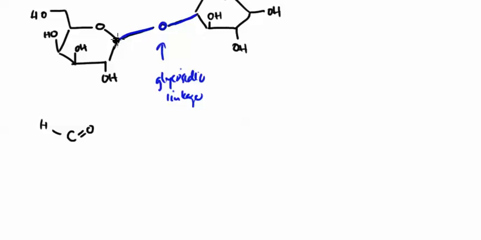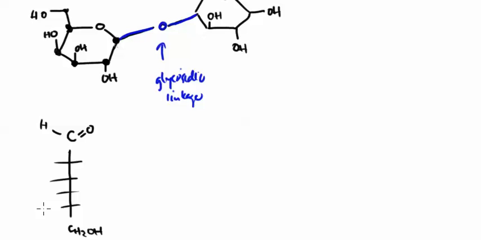The C double bond O was broken, and that opened up this glycosidic bond for it to connect. We've got 1 carbon, 2 carbons, 3, 4, 5, and 6 carbons in total. So I'm just going to draw a line, CH2OH, and there are 4 carbons in the center, giving us a total of 6.